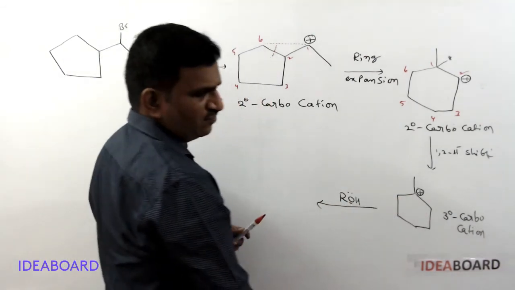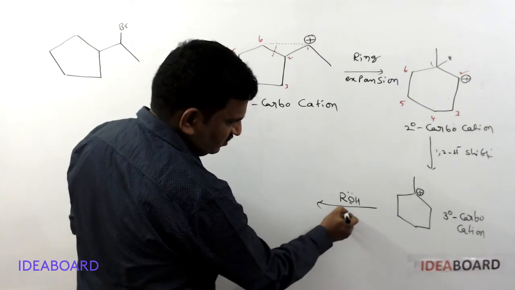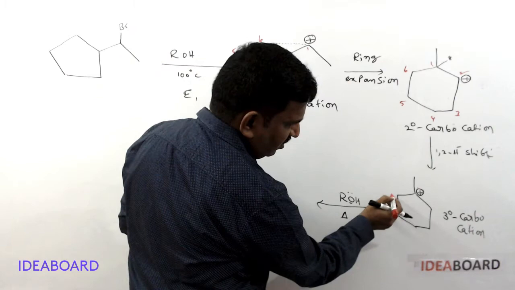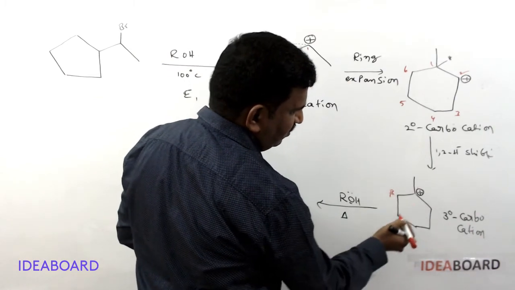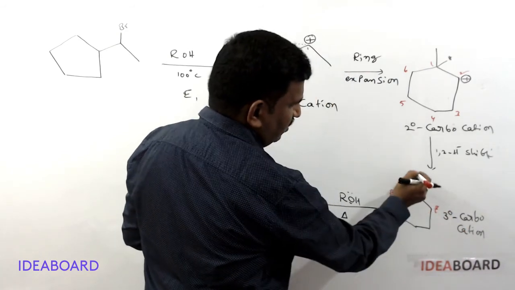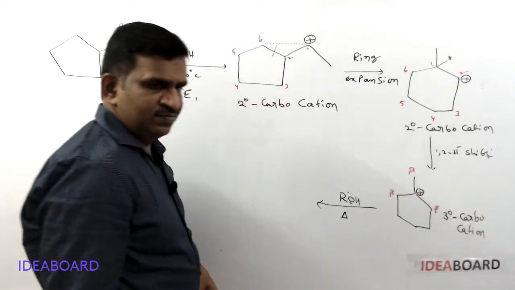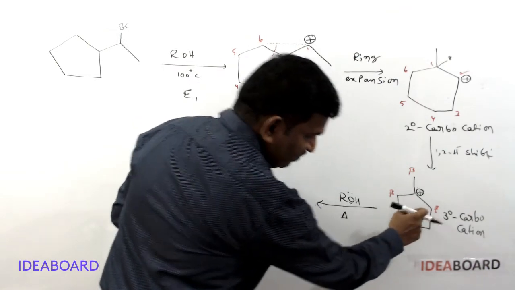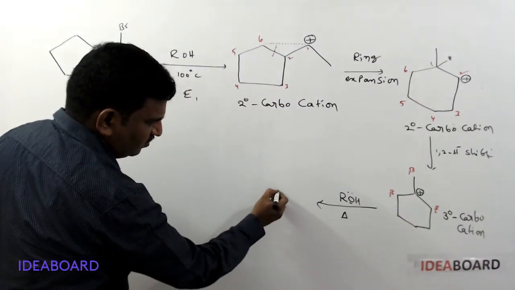This will attract the proton from this, and in the presence of high temperature, 100 degrees Celsius, what are the beta carbons? Here this is a beta with respect to the positive charge, this is also beta, and this is also beta. If you remove the hydrogen atoms from this beta carbon or this beta carbon, what is the product?